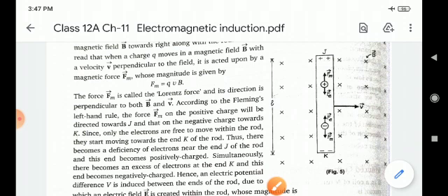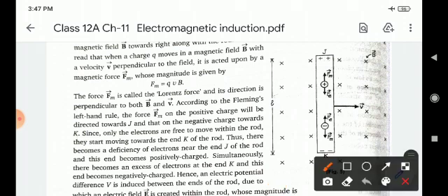Children, what is the Lorentz force? The Lorentz force is the combination of electric and magnetic force on a point charge due to an electromagnetic field. If a particle of charge q moving with a velocity v in an electric field E and magnetic field B experiences a force, it is called the Lorentz force.